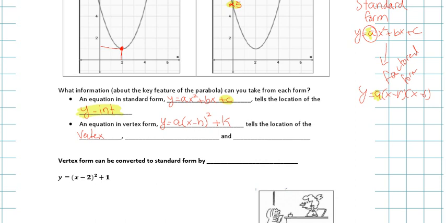Axis of symmetry and the optimal value, which can all be found from the vertex, right? Are we okay with this so far?